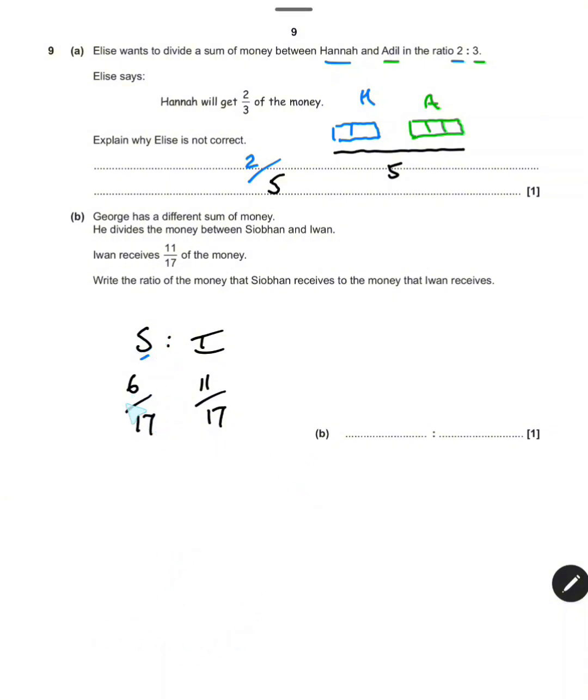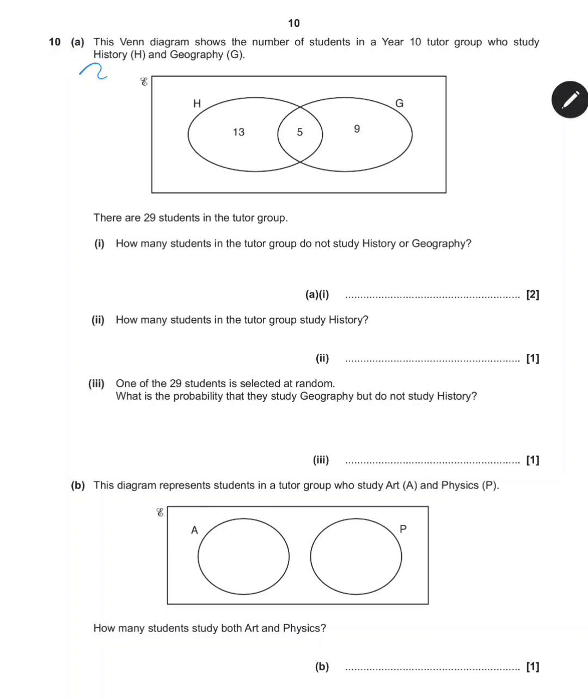We know that this person gets 6 parts of the ratio, and this person gets 11 parts of the ratio. My ratio is 6:11.